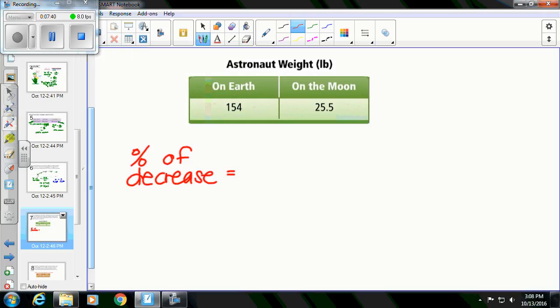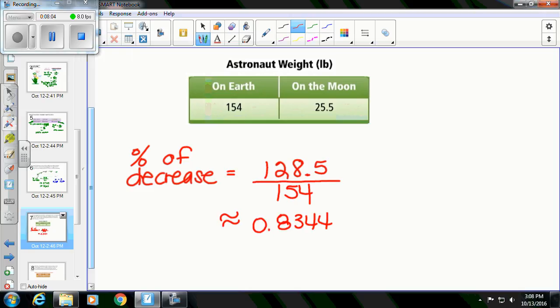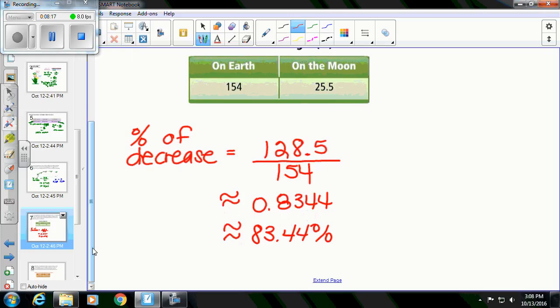Amount of change, so 154 minus 25.5 gives me a change of 128.5 pounds over my original was 154 pounds. When I do the arithmetic, I get 0.8344, which converts to 83.44%. So there's an 83.44% decrease in weight.